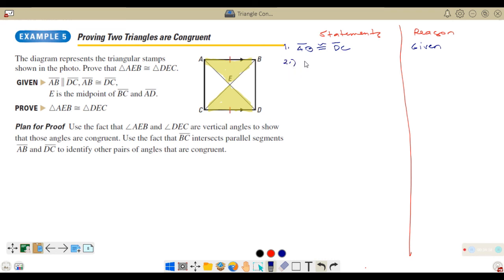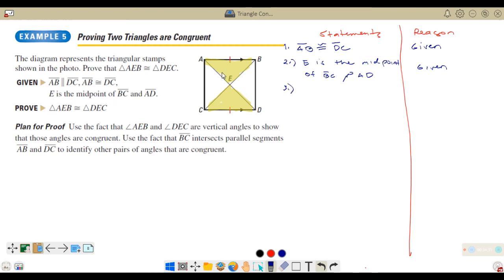2. E is the midpoint of BC and AD. Again, this is given. What can we get based on this given?